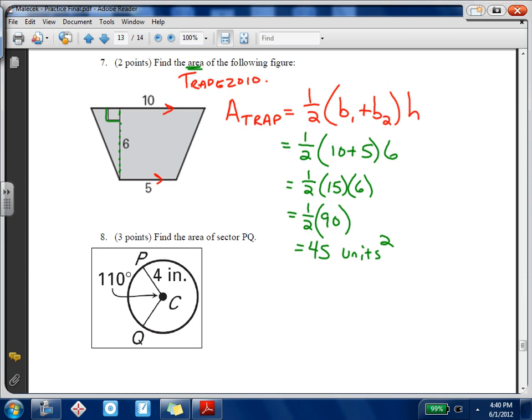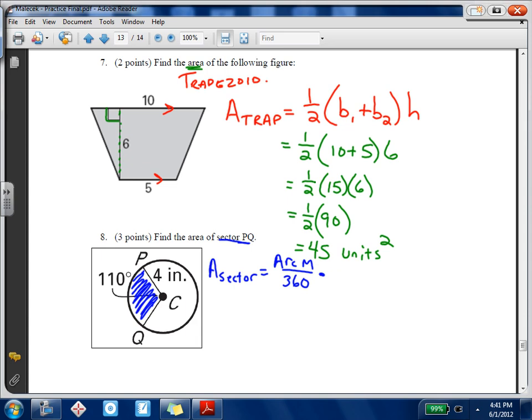Number 8, find the area of sector PQ. Remember that the sector PQ is asking for the area inside the pizza slice, so the cheese, the pepperoni, everything inside. We have a formula for the area of a sector. The area of the sector is equal to the arc measure over 360 times, we're relating it to the area of a circle.